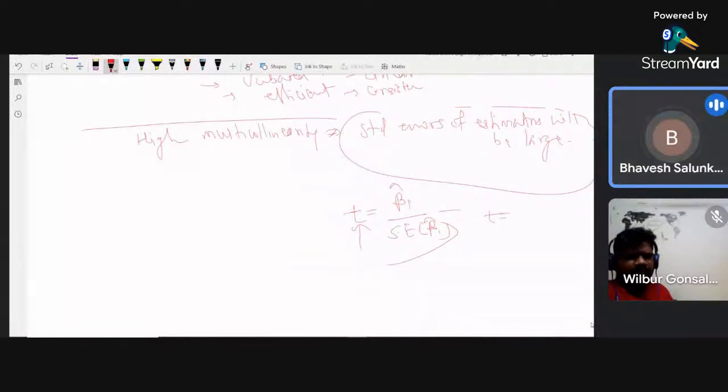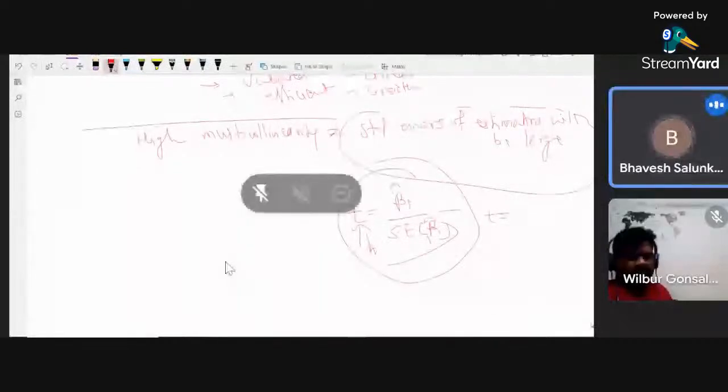Even though there is some actual relationship between those variables, due to multicollinearity, in the test of the hypothesis beta 1 equal to 0 against not equal to 0, your t value will be less and it will indicate that the coefficient is insignificant. Understood? So this is one implication on the t-test statistic in hypothesis testing when there is multicollinearity, because you have large standard errors of the regression coefficients.